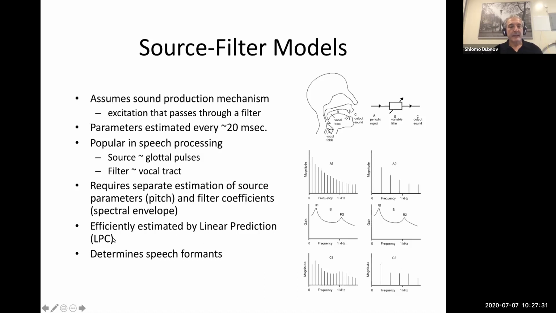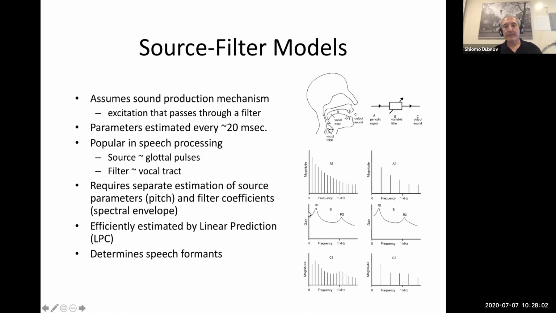And now the important thing is that the peaks of your envelope determine the so-called speech formants. So we'll talk about what the speech formants are, kind of what this part of the figure shows. I want to point this out because it's important. The idea is that if this is the overall spectral shape of your vocal tract, these are broad resonant properties.